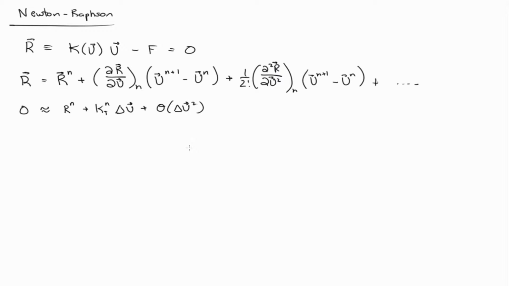So just rewriting that equation, remember, we're going to try to drive the residual to 0. And then we're just going to define the partial of r with respect to u as the tangent stiffness. Okay, evaluate it at step n, and then you have that delta u there.